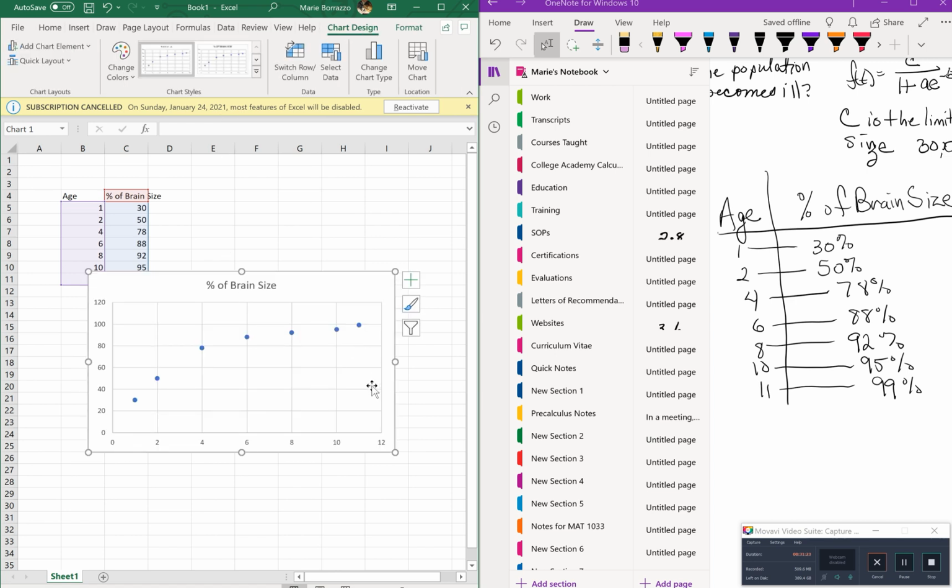Let me see. Yeah, it looks good enough. So you could say that this is percent brain size versus age. Understand that the y-axis is the brain size and the age is actually the x-axis. So this is the diagram they have in your textbook. So then the question they asked you was, what type of function would be a good choice for modeling the data?